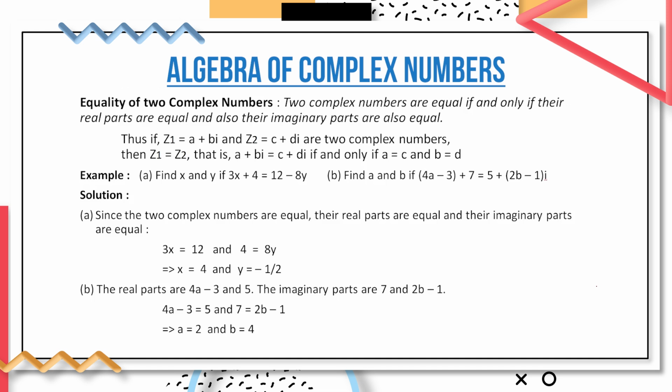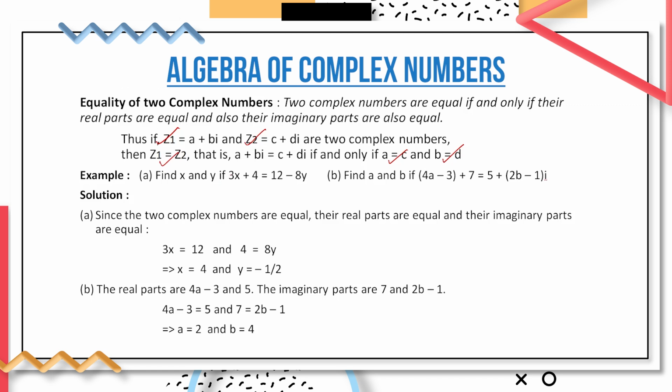That means if Z1 is equal to a plus bi, and Z2 is equal to c plus di, are two complex numbers, then Z1 equal to Z2 implies a is equal to c and b is equal to d. We can apply this understanding to solve some of the numericals. For better understanding, an example is given here.